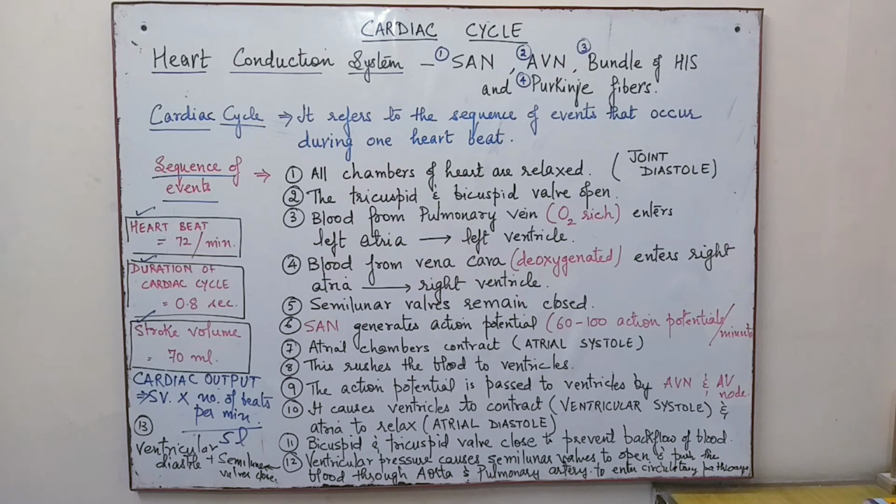For example, the cardiac output of a person who is not doing any strenuous physical activity will be much less as compared to a person who is exercising or doing heavy physical activity such as athletes. The cardiac output of those people will be high because the number of beats will also be high and the stroke volume will also be high.